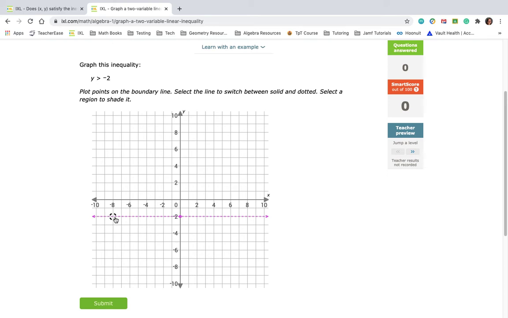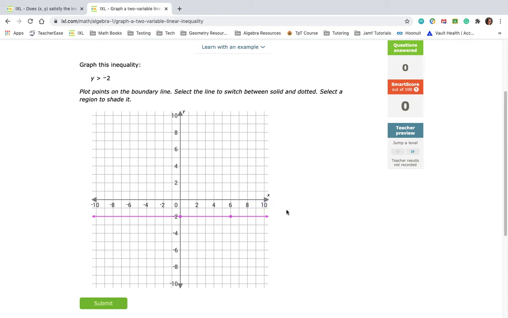So you could click any of these places, because if I think about this, the point here, that's (1, -2), so my y is still -2. If I went here, the point is (2, -2), (3, -2), (4, -2), (5, -2), (6, -2). You can see it's always -2. So that's why this line is my y is greater than -2.